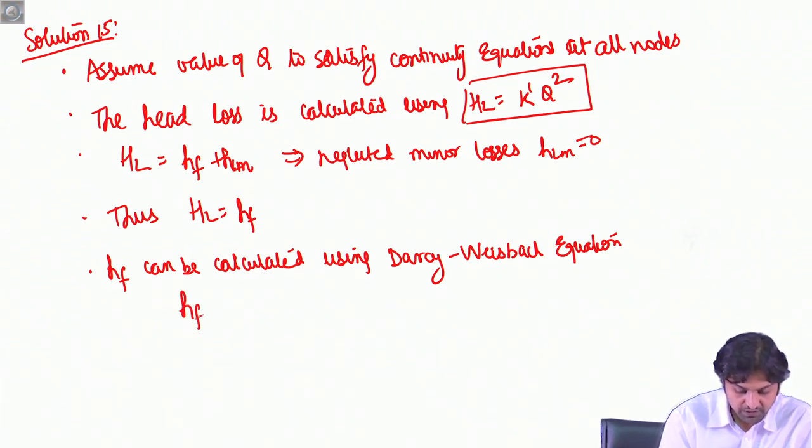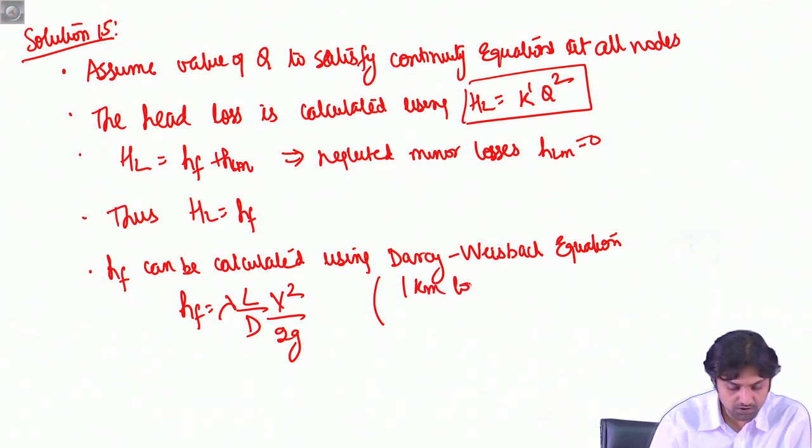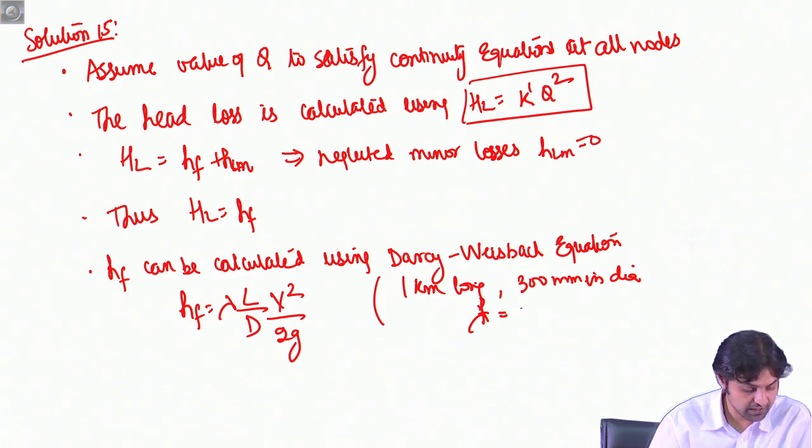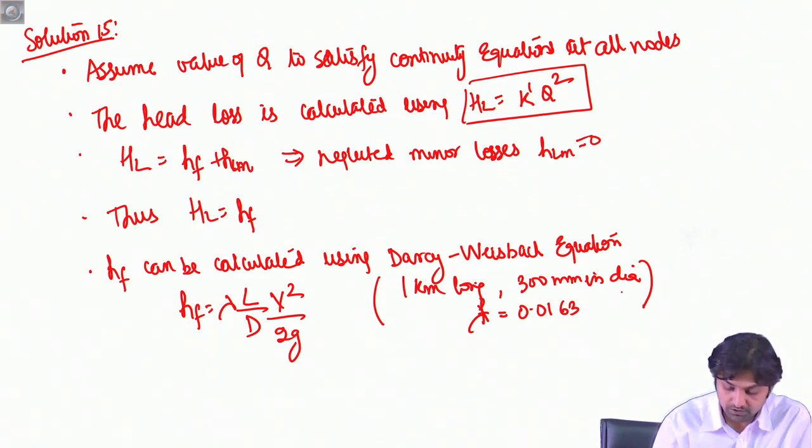So, HF can be written as lambda L by D into V square by 2G. In the question, we have been given that pipes are 1 kilometer long, 300 millimeter in diameter, and lambda or friction factor is 0.0163. All right, lambda or F, whatever you want to call it, okay. This we have already seen.